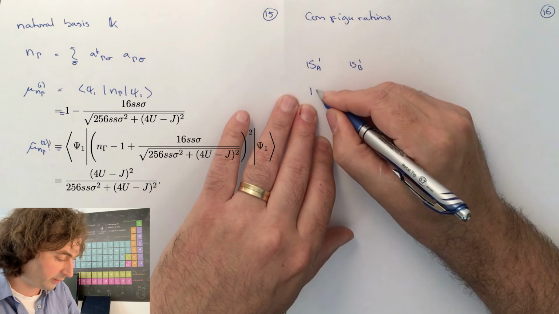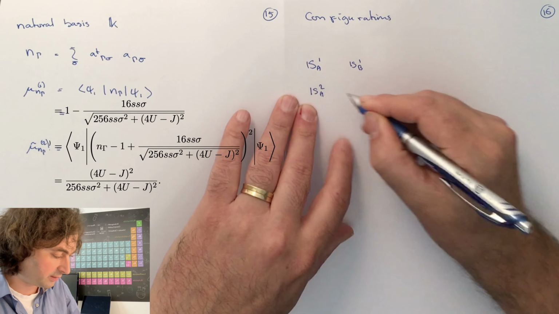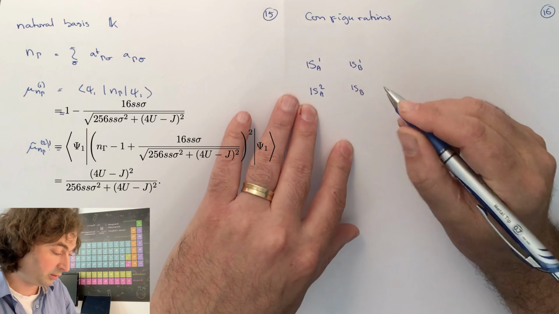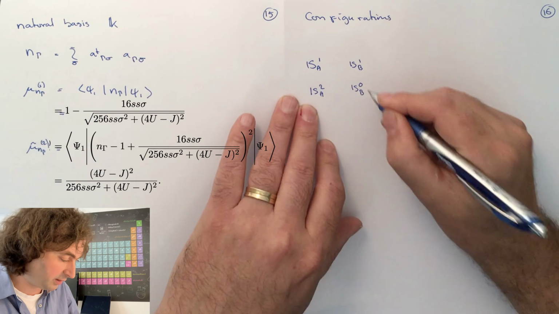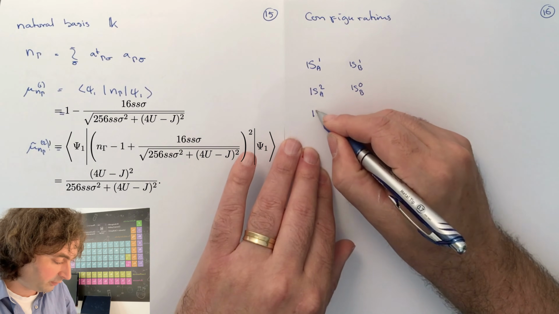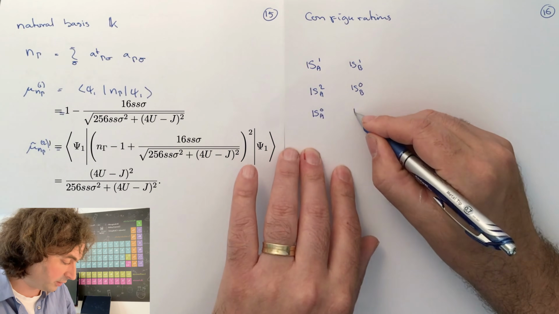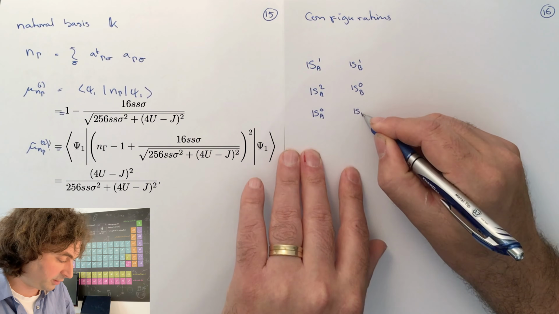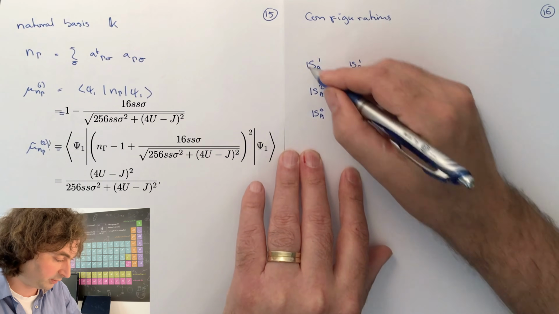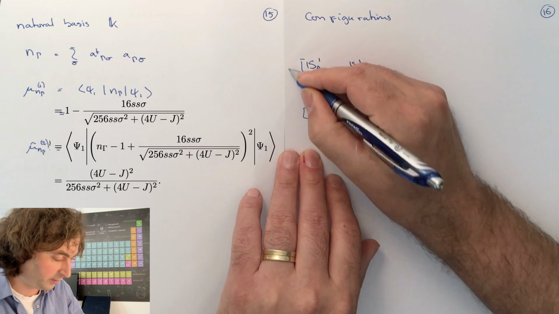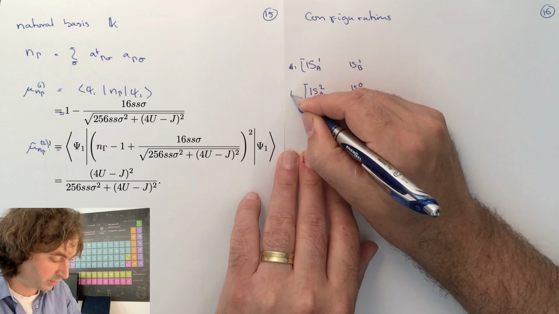Another configuration would be the 1s shell at side A with 2 electrons and the 1s shell at side B with 0 electrons. And then we can have the 1s shell at side A with 0 electrons and the 1s shell at side B with 2 electrons. This gives rise to 3 configurations.